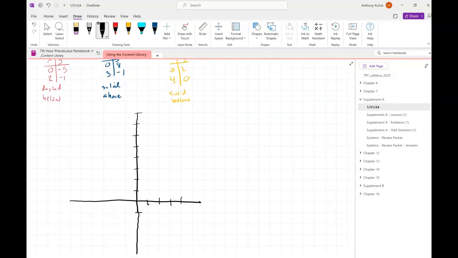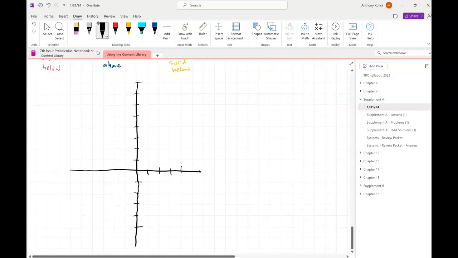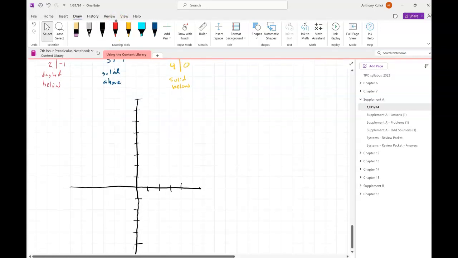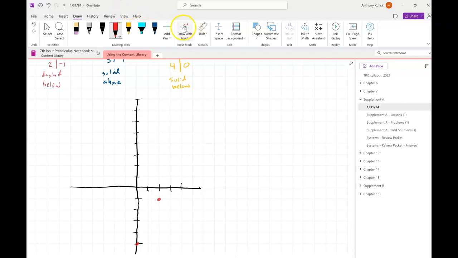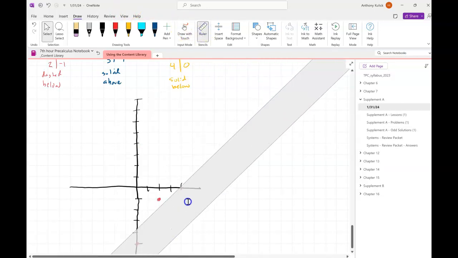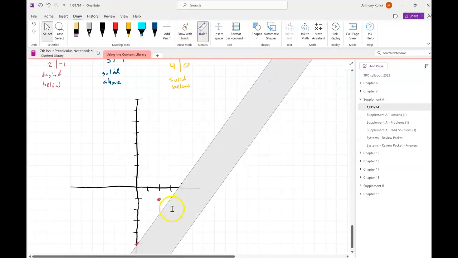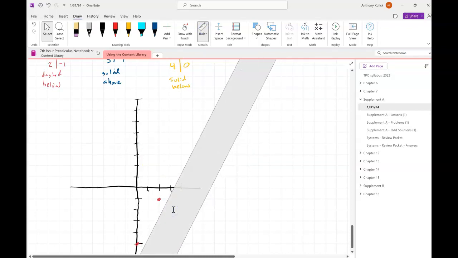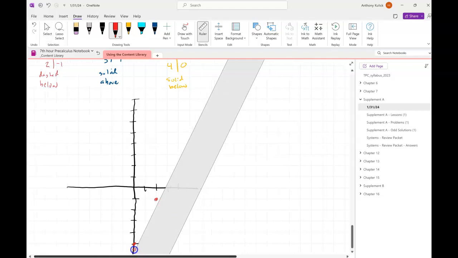Okay, 1, 2, 3, 4, 5. All right, so we have -5, and then 2, -1. Get my ruler out. It's probably pretty close.